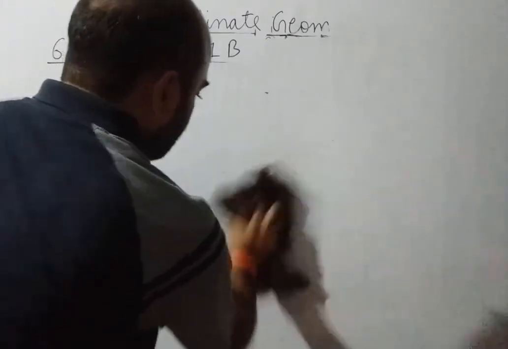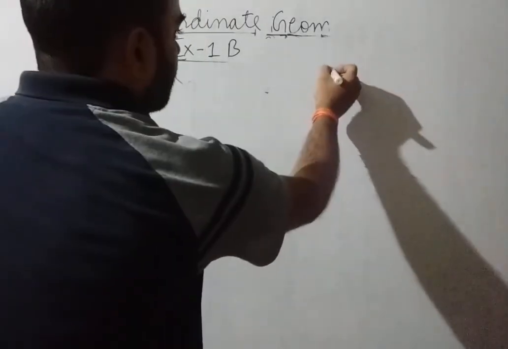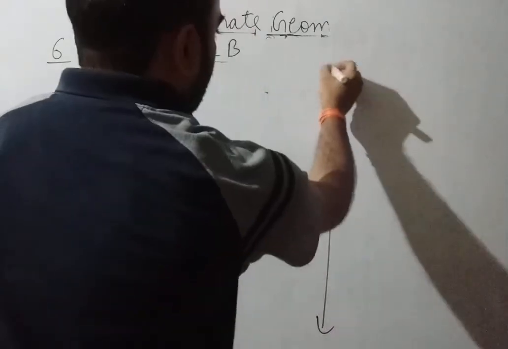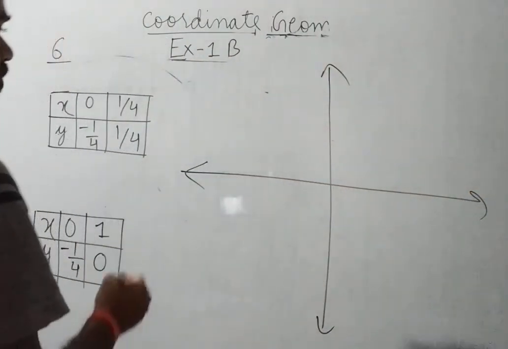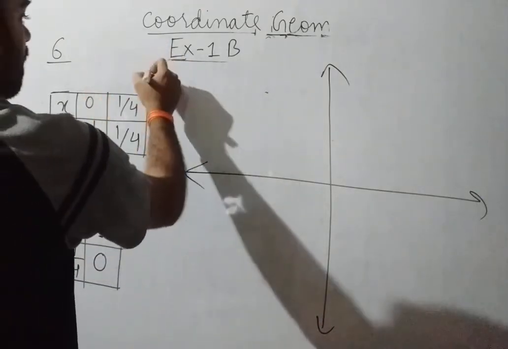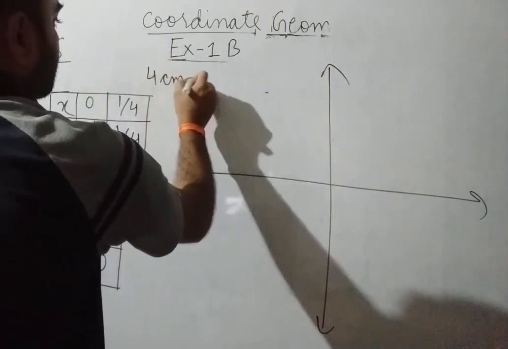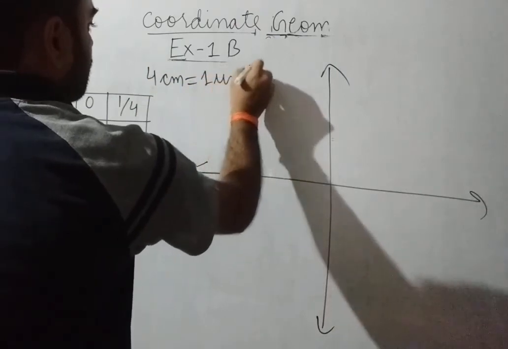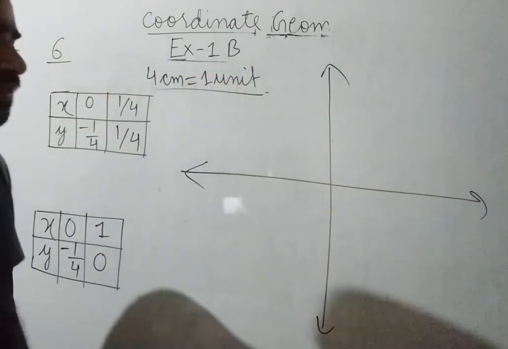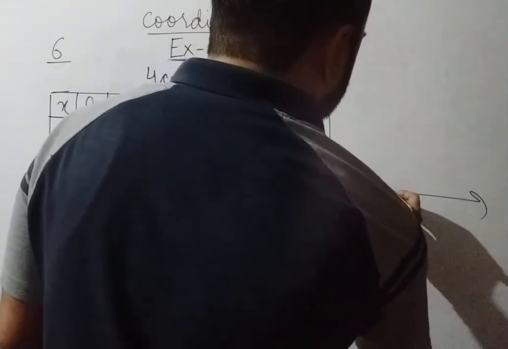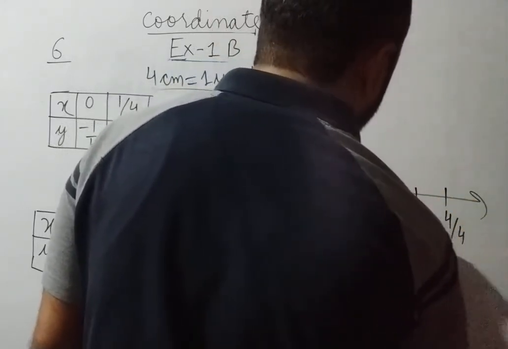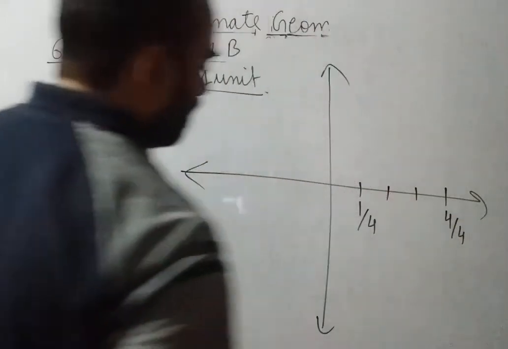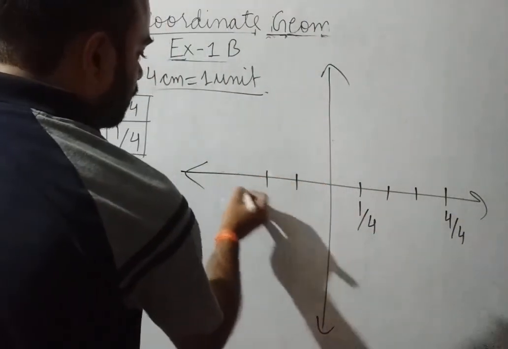So here is the plotting. I will take 4 centimeters equal to 1 unit on both axes. Okay, so 1, 2, 3, 4. So this will be 4 by 4, 1 by 4. Next, 1, 2, 3, 4.